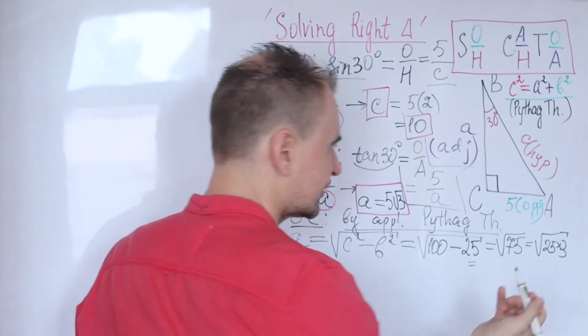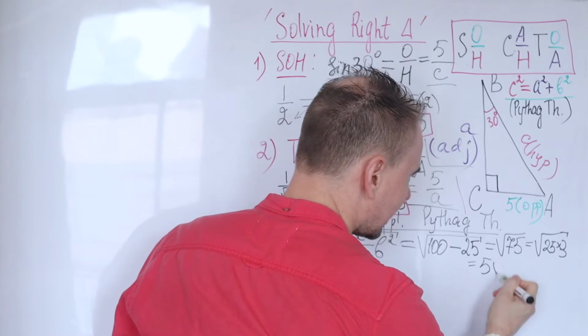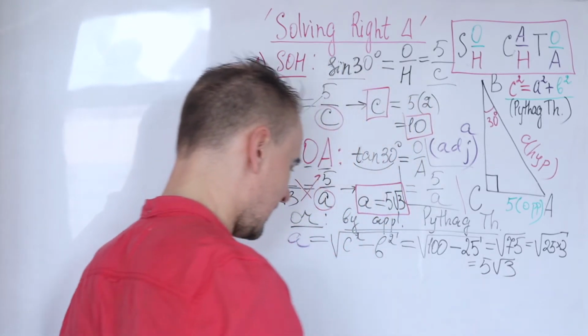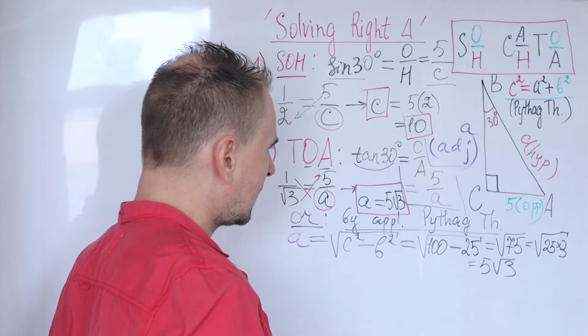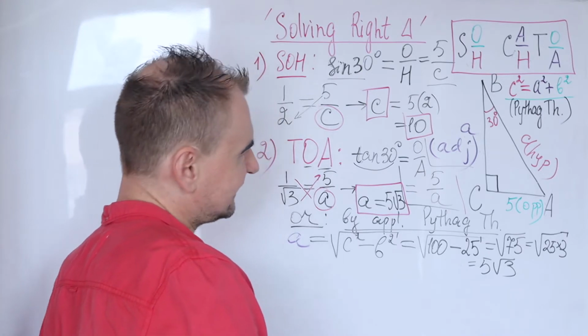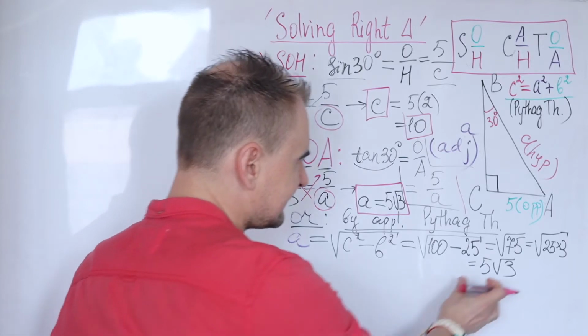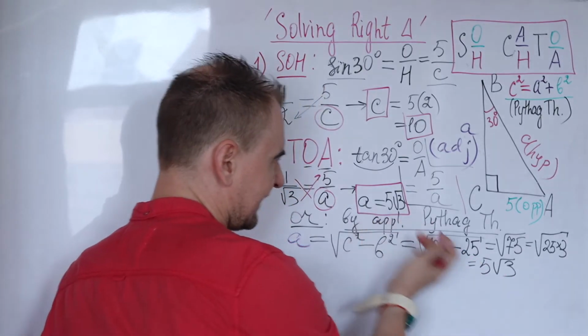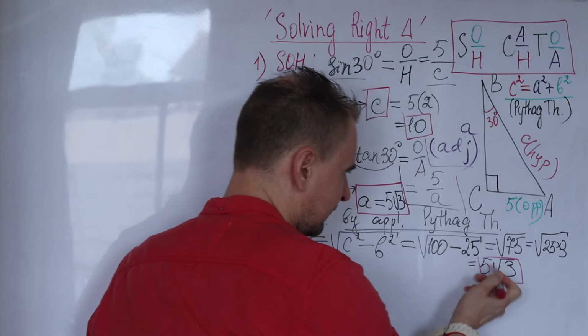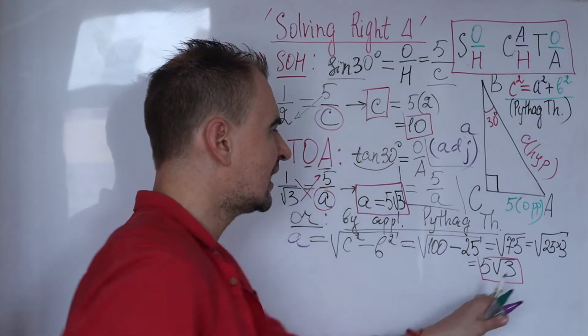It's on my playlist. So it becomes just 5 root of 3. That's your side A, which is adjacent, and as you might see, it's precisely the same answer as before, what was basically expected.